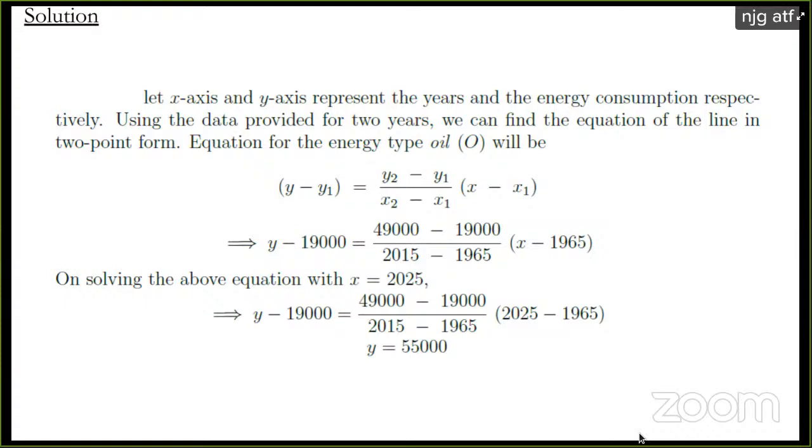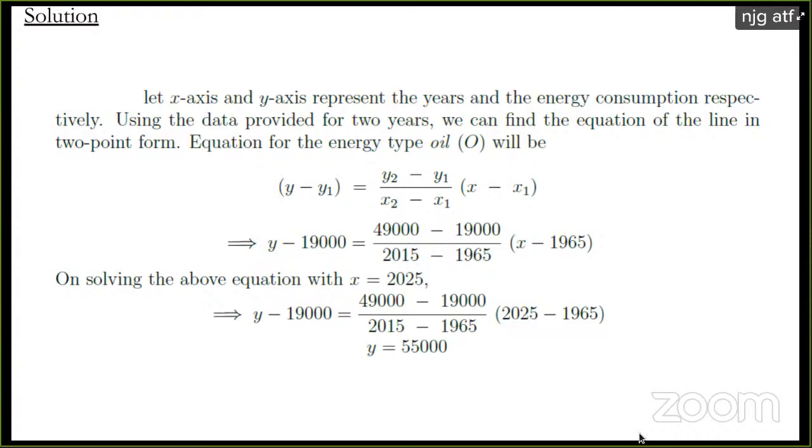Here my x1 is 1965 and y1 is 19,000. This comes from the first column of the data table. So in 1965, the energy consumed is 19,000. My x2 will be 2015 and y2 will be 49,000, because in the year 2015 the energy consumed with respect to energy type oil is 49,000.